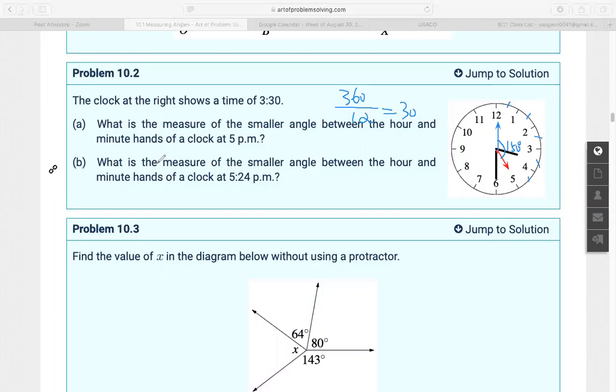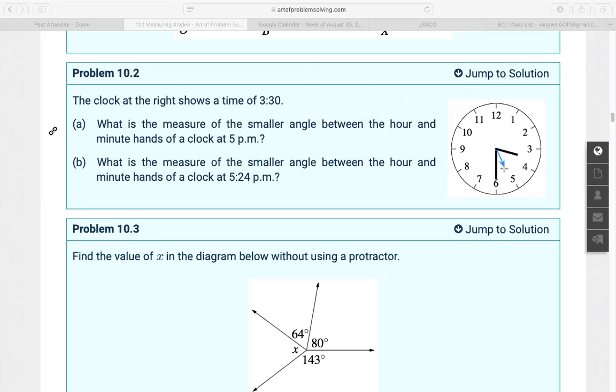Okay, now let's see B. What is the measure of the smaller angle between the hour and the minute hands of a clock at 5:24? Okay, everybody, can you try to do this? 5:24. I can draw something here.